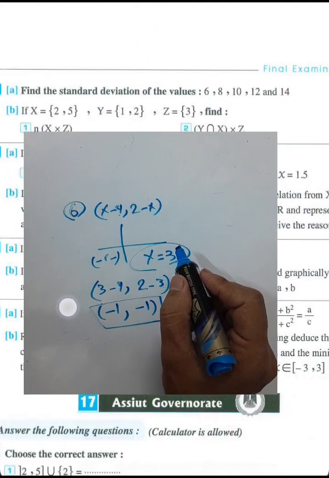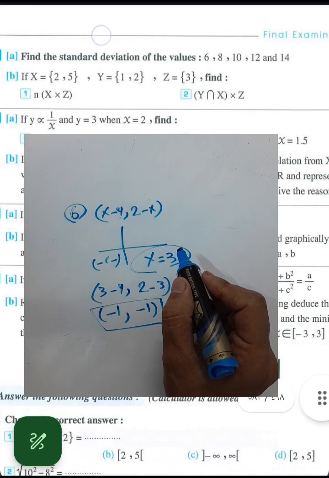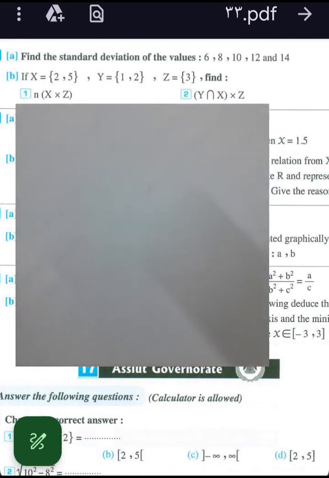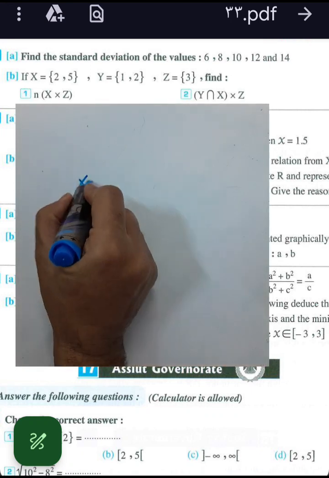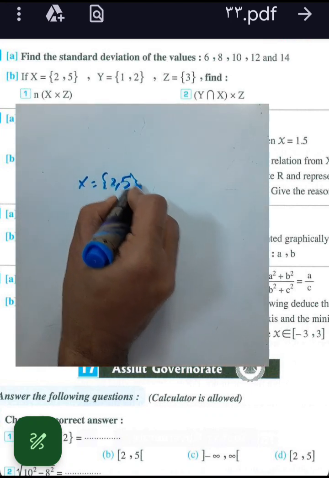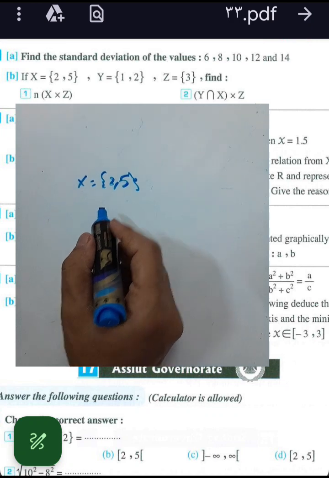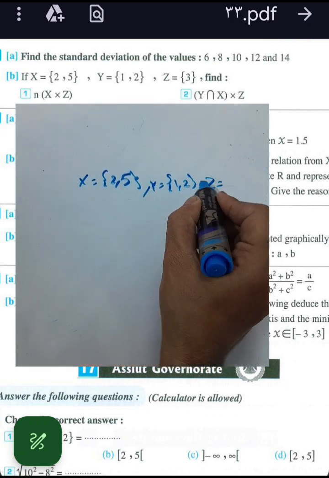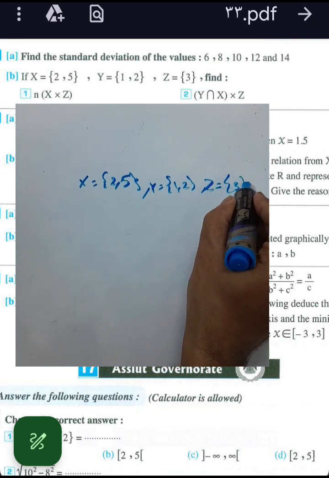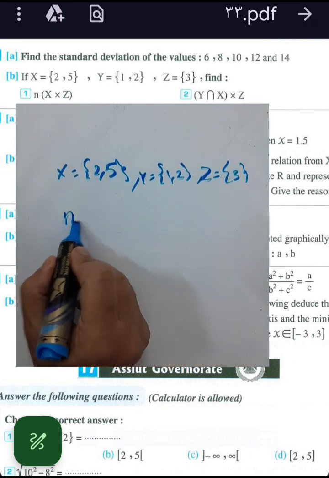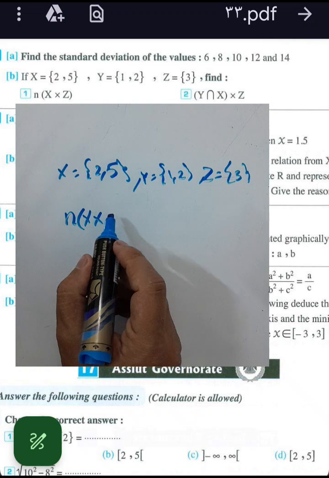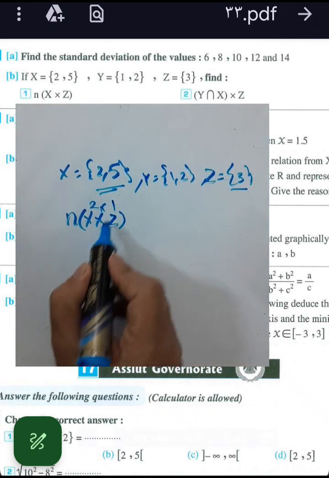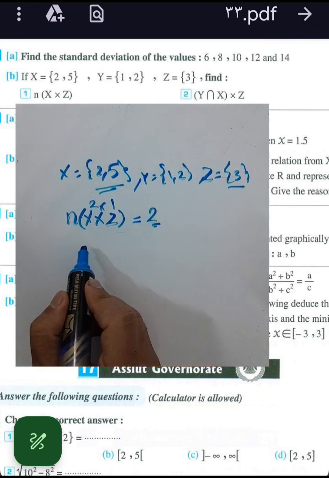Find the standard division. You can find it by yourself. Okay, question letter B. We have X equal set of 2 and 5, and Y equal set of 1 and 2, and Z equal set of 3. You want to find the number of Cartesian product between X and Z. X has 2 elements and Z has 1 element, then the number will be 2 elements.